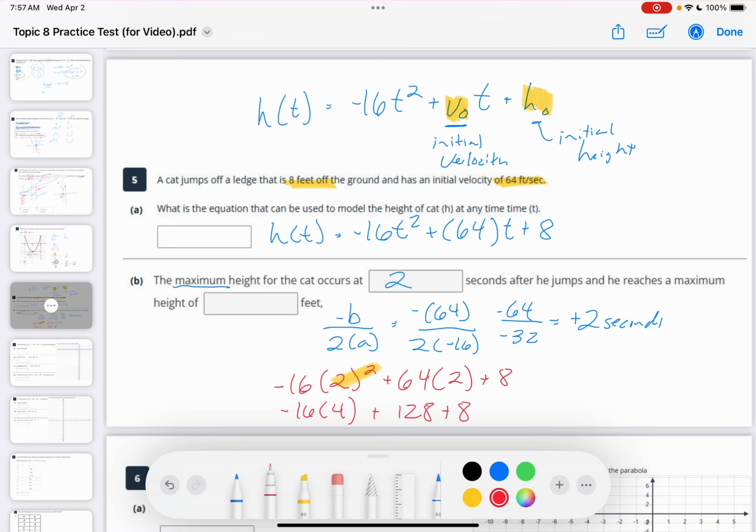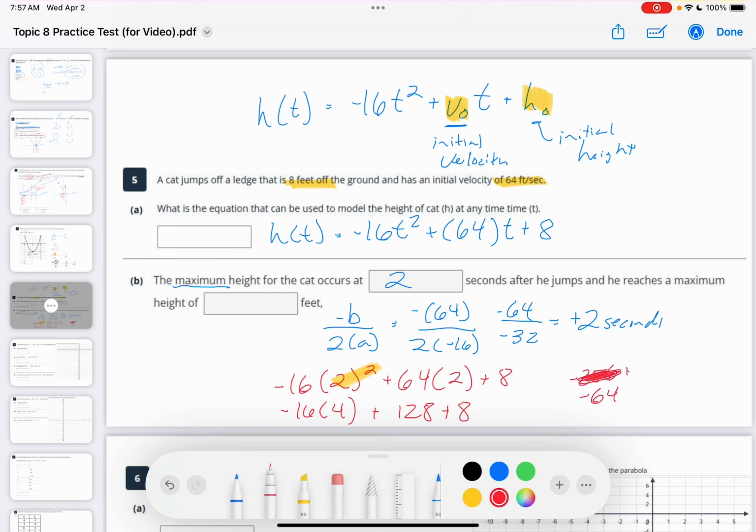-64 times 4 is negative, I have to go over here, -256. Oh, what did I do? -16 times 4, sorry, is -64.